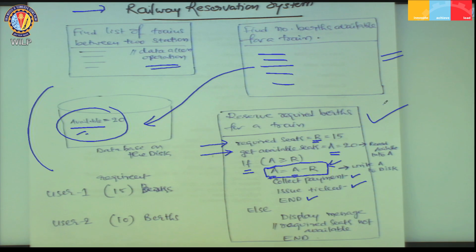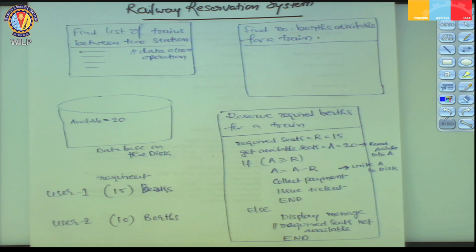Let us assume that there is no concept of transactions, or the transaction model is not adopted for this database, and user 1 and user 2 want some berths to be reserved for a given train. Let us assume that the data is available on the hard disk in the database, and the data item that stores that information is available.